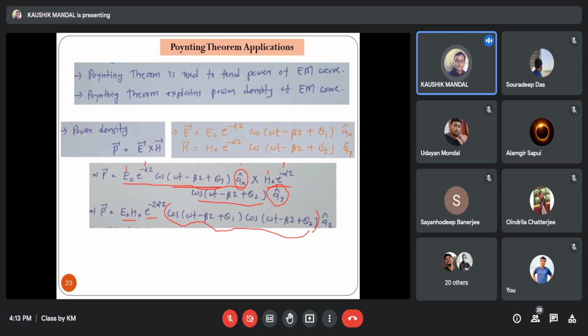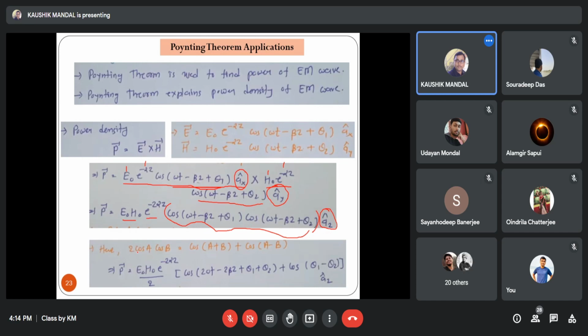What will be the cross product of ax and ay? Tell me. az. So that will be az. Now in this equation, you have to apply the cos c into cos d formula. If you use this, you will be able to find out P, that is the power density, P equal to E0 H0 e to the minus 2 alpha z by 2 times this.